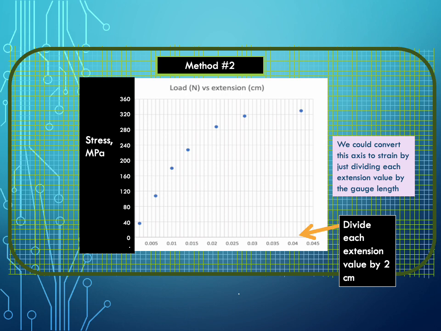That's great. To change my x-axis to strain, I would take each of these extensions, which are in centimeters, and divide them by the original gauge length, which is 2 centimeters. So just take each of these numbers and divide them by 2.